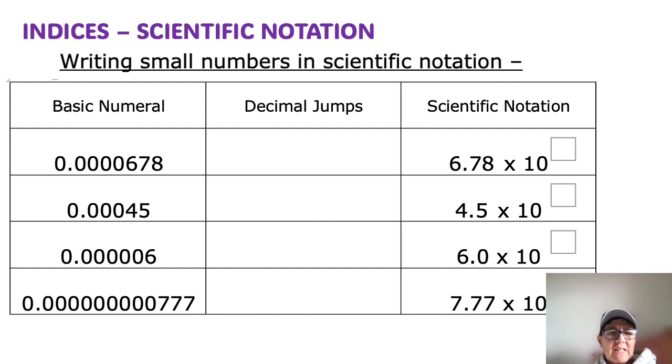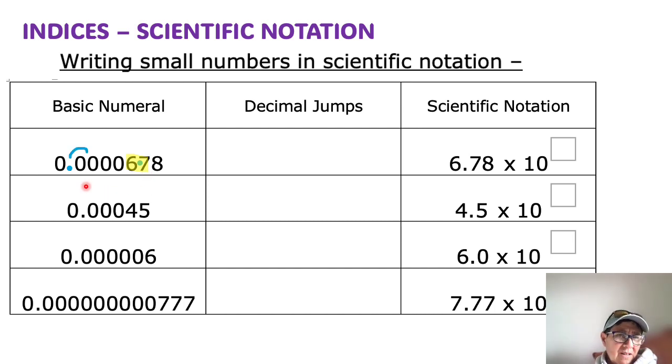If we've got tiny numbers, we're going to do the same thing, but we're going to move the decimal place a different way. At the moment the decimal place is here, and I want to move it between the first 2 numbers that I come to that aren't zeros. So I'm going to move it from there to in between the 6 and the 7.